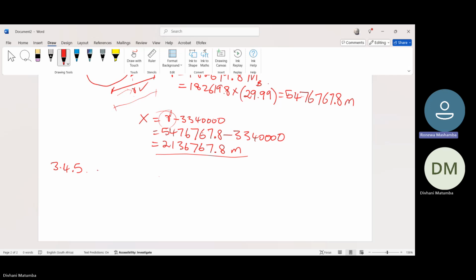So I was going to say something like the acceleration is inversely proportional to the mass.